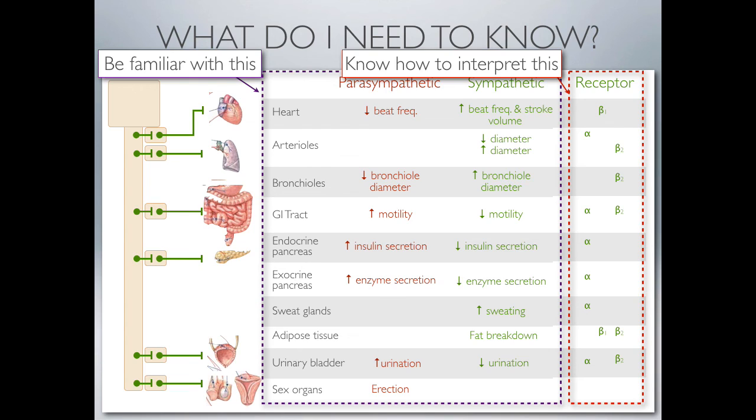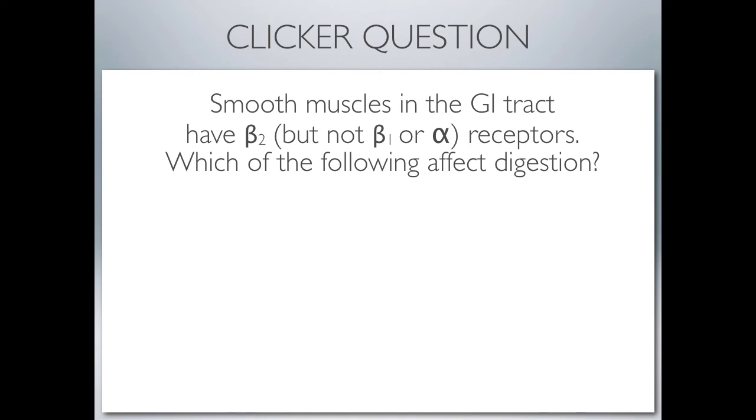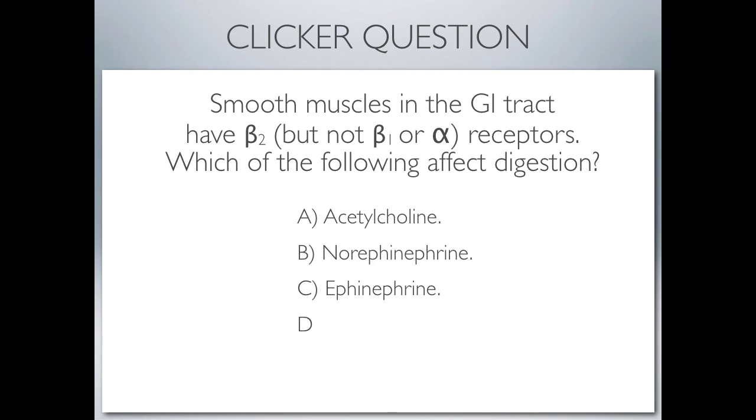So to give you an example of that, we have a clicker question. Smooth muscles in the GI tract have beta 2s, but not beta 1s or alpha receptors. Which of the following affect digestion?